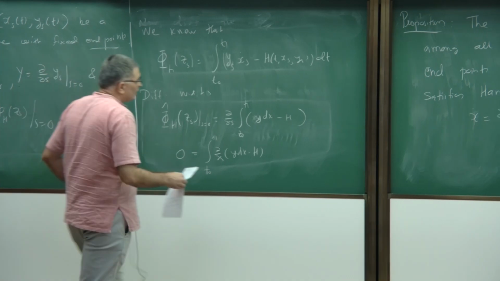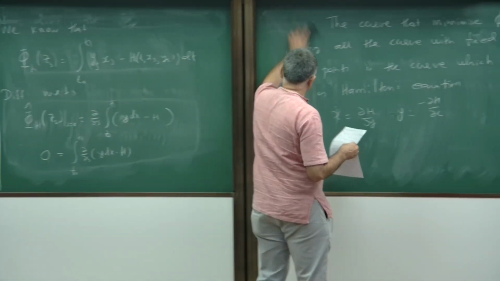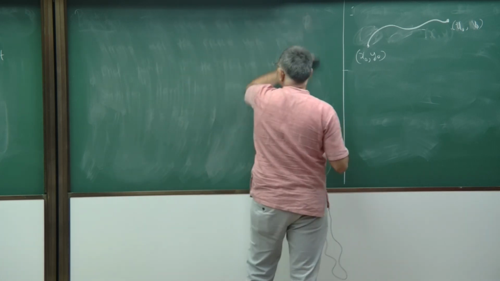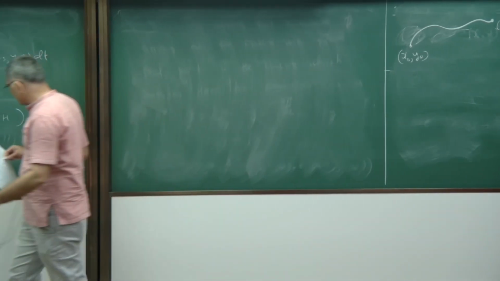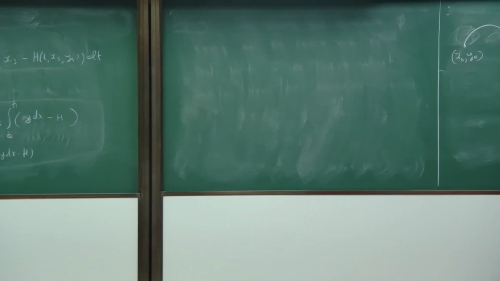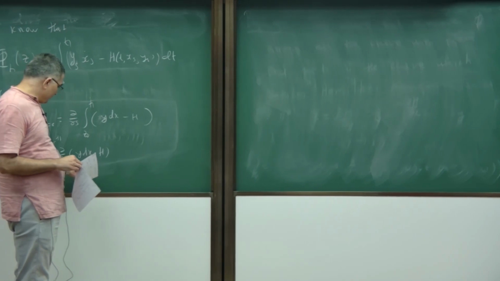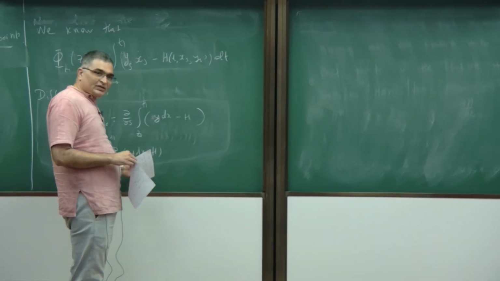And as is usually done in this minimization, we evaluate this using the product rule. We apply the product rule in such a way that we do not want this x double dot to appear.